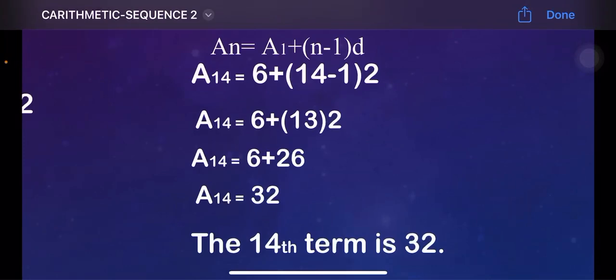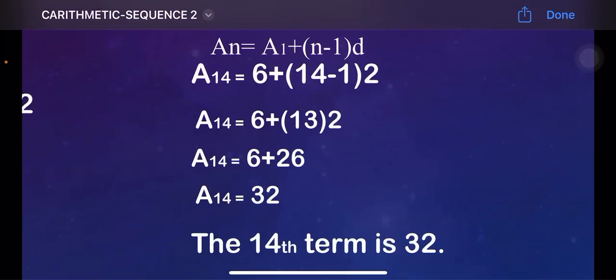Let's substitute it. a sub n becomes a sub 14 because n is 14, equals a sub 1, which is 6, plus the quantity n, which is again 14, minus the constant 1, times the common difference. Our common difference is 2.